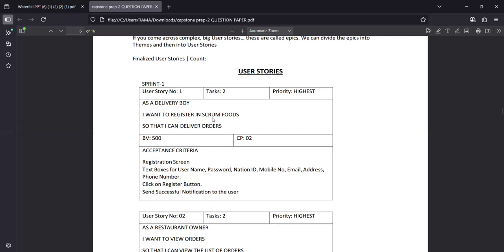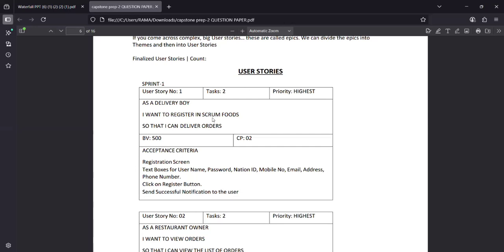Let us know what priority is. Priority means how important or urgent a user story or task is compared to others.